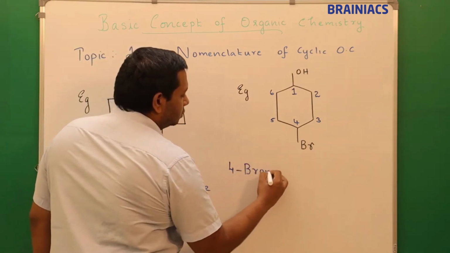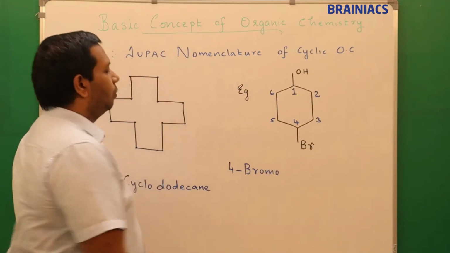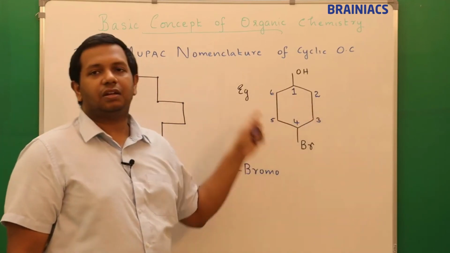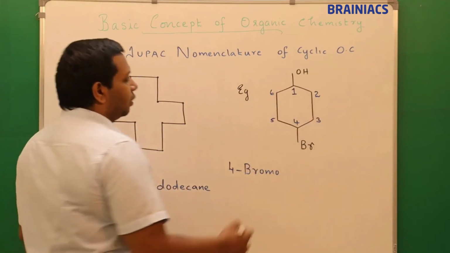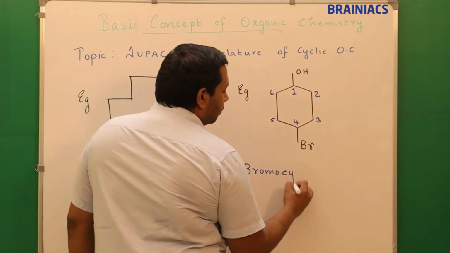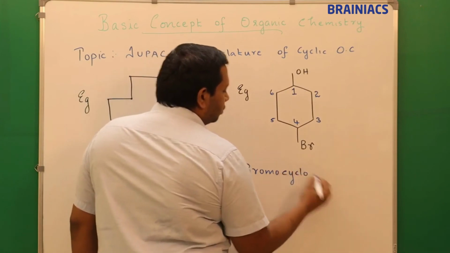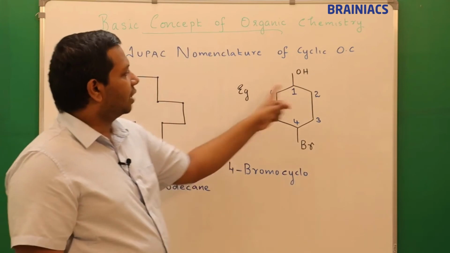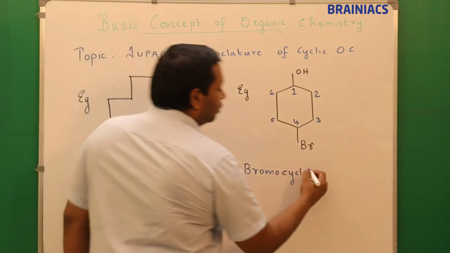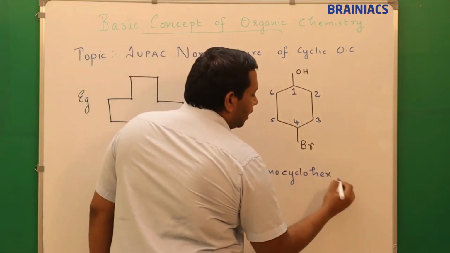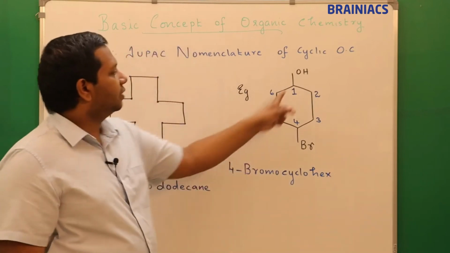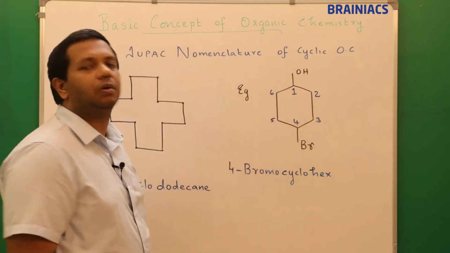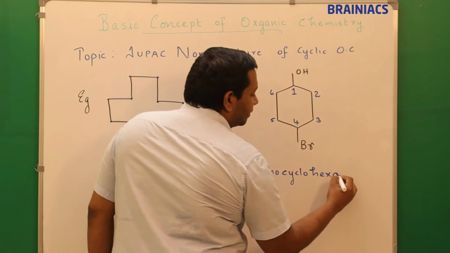So I can start with 4-bromo, correct? Then I know that it is a cyclic compound, so the prefix cyclo should be there. 4-bromo cyclo. Now the word root: 6 carbons are present, so I can use the word root hex, and all the 6 carbon atoms are linked by single bond, so I can use the term hexane.